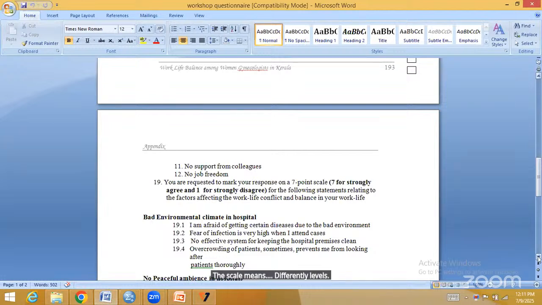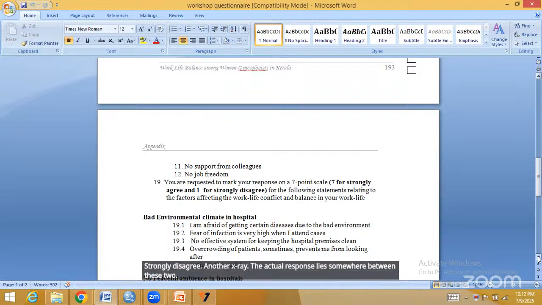Here, highest point is 7. 7 means strongly agree. 1 means strongly disagree. But the actual response of a respondent lies somewhere between 7 and 1. Definitely, you can have many levels, starting from 7 to 1 or 1 to 7. 7 highest extreme, strongly agree. 1 means strongly disagree, another extreme. The actual response lies somewhere between these two.